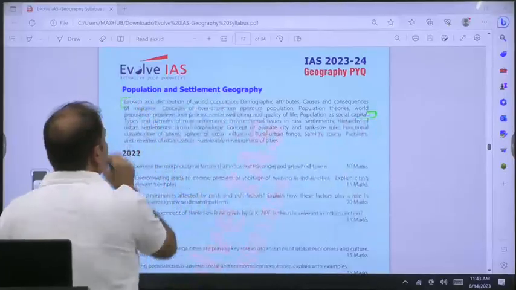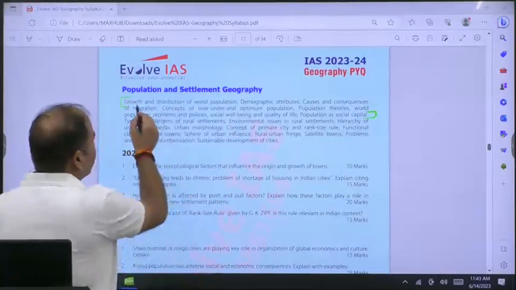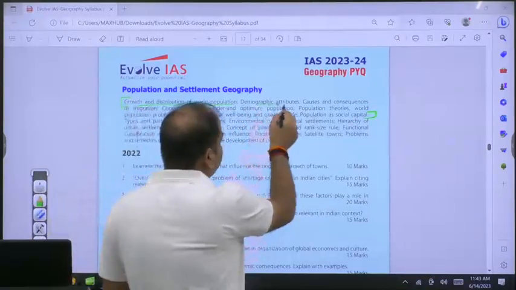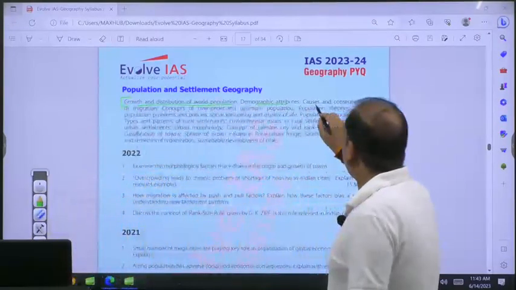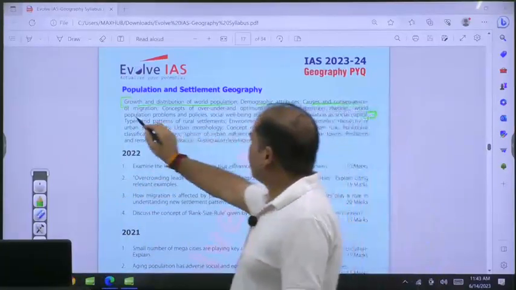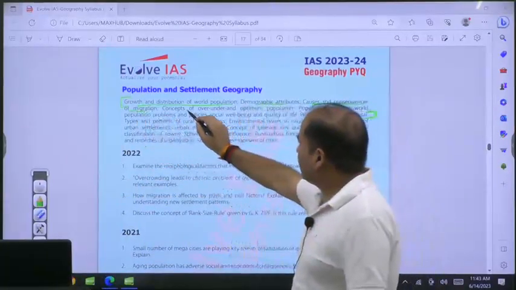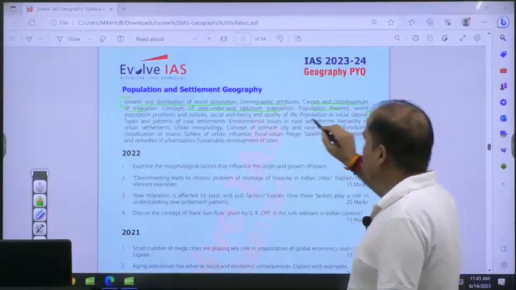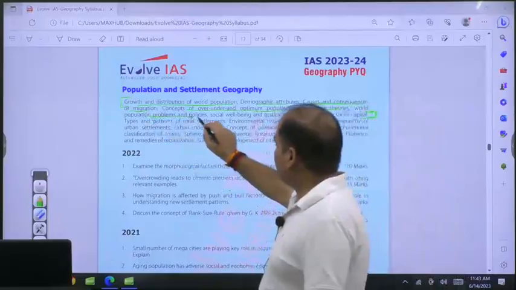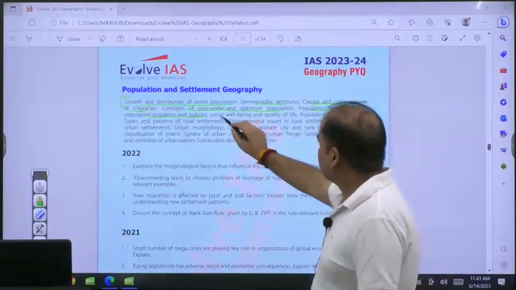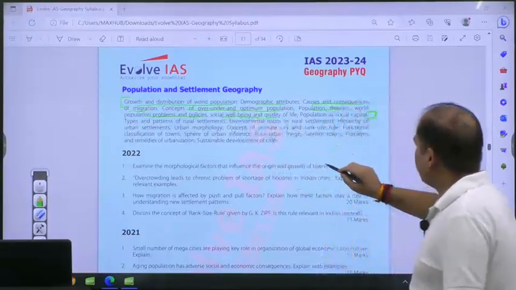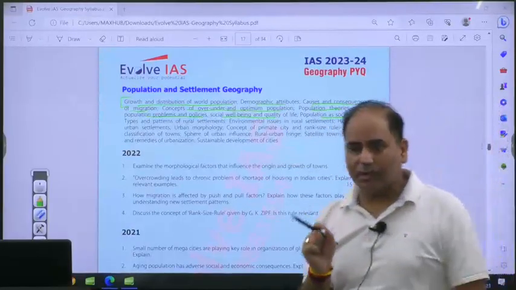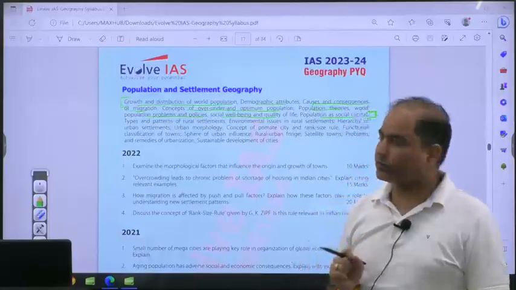We have population, growth and distribution of world population, demographic attributes, causes and consequences of migration, concepts of over, under and optimum population, population theories, world population problems and policies, social well-being and quality of life, population as social capital. So these are the topics that you are supposed to study.